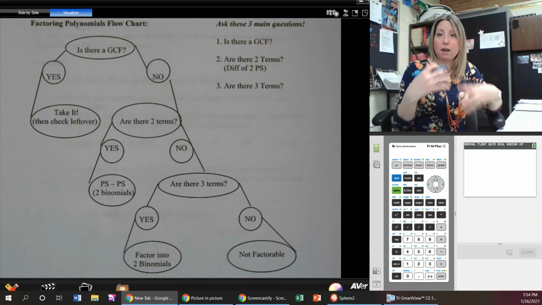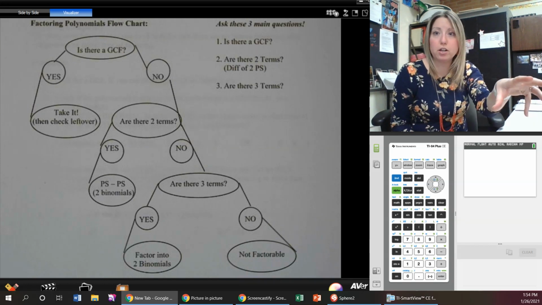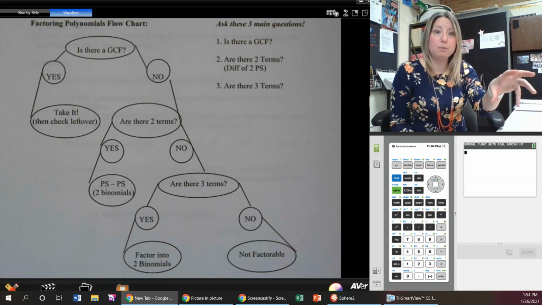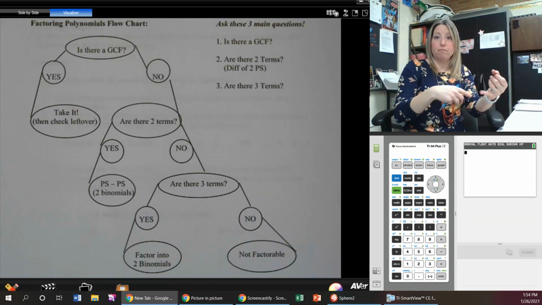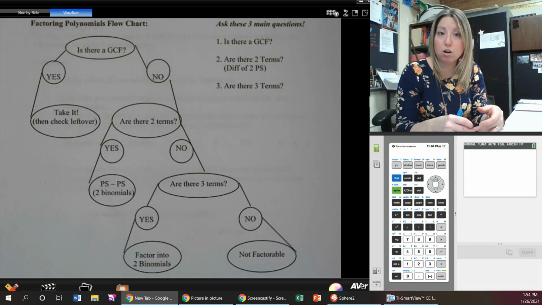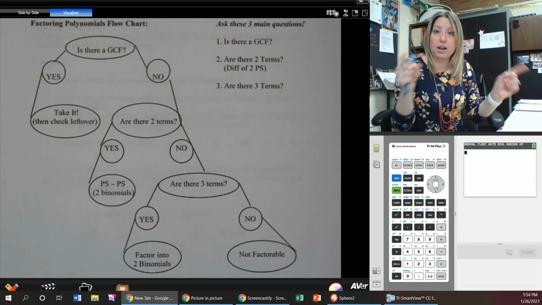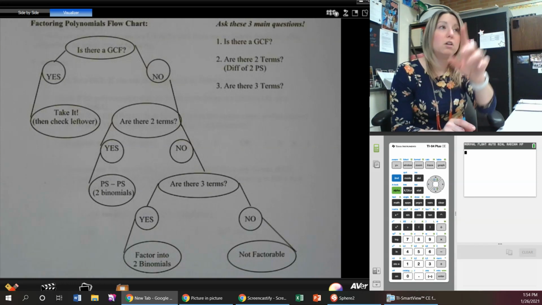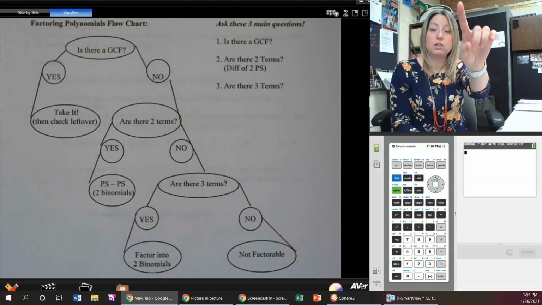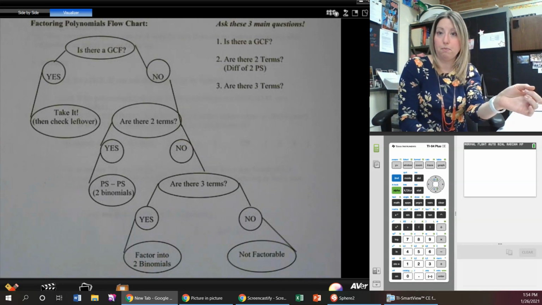So at this point, after we did the lesson 1 through 3 review, we should be able to look at a polynomial and tell, oh, yes, there's a GCF, let me pull that out. Or, oh, yes, there's two terms, a perfect square minus a perfect square, let's factor that into two binomials. Or, oh, there's three terms, let's look at the end number and see what factors give me this number that also add to get the middle.